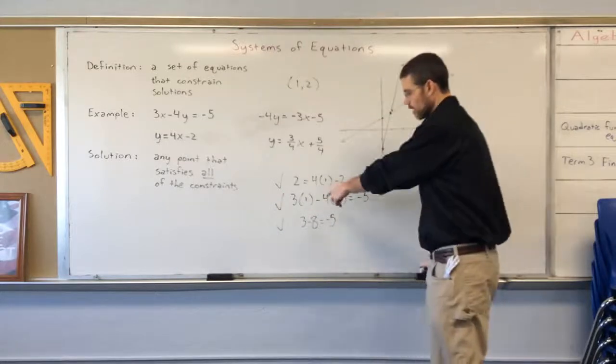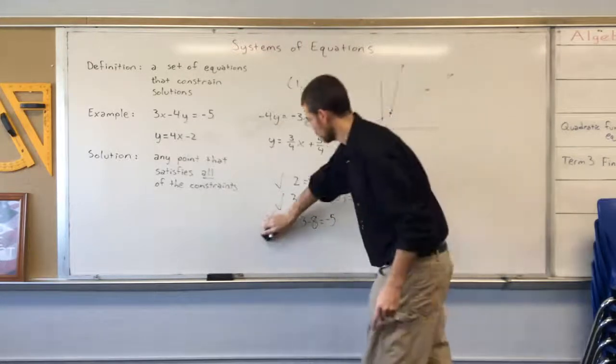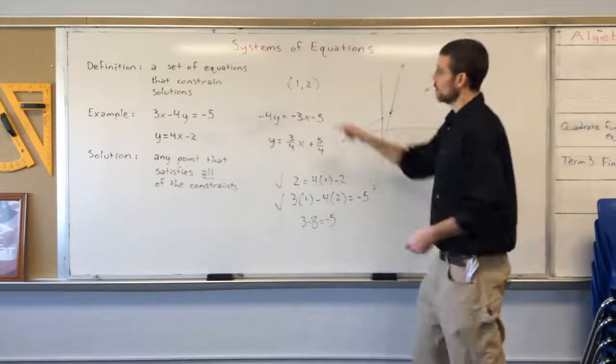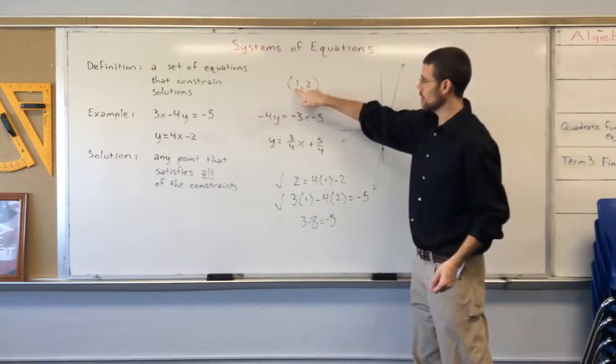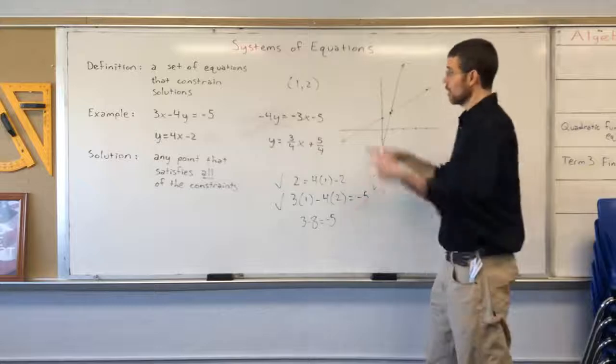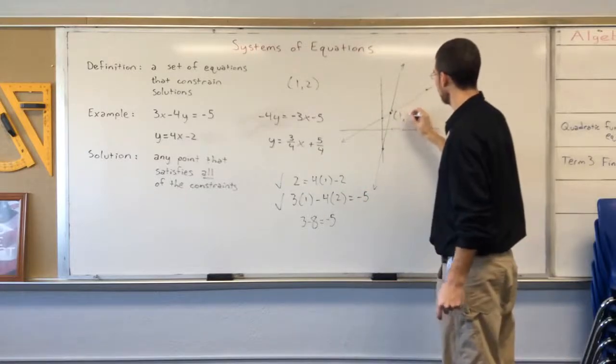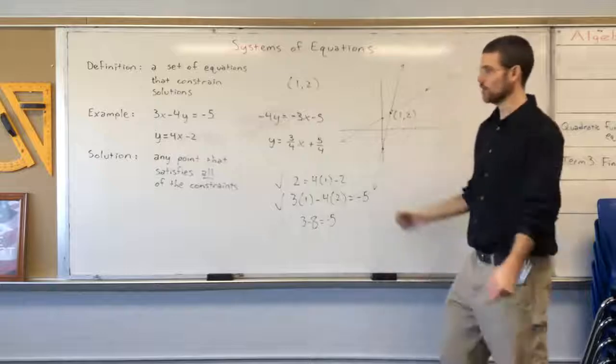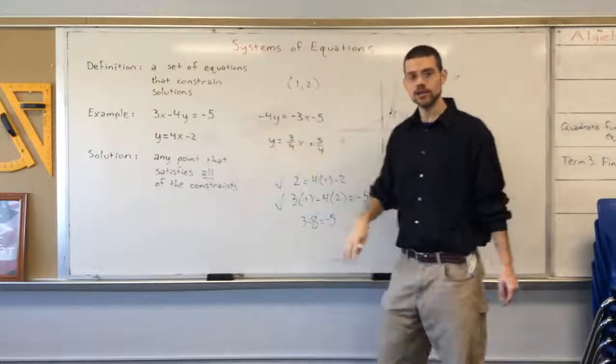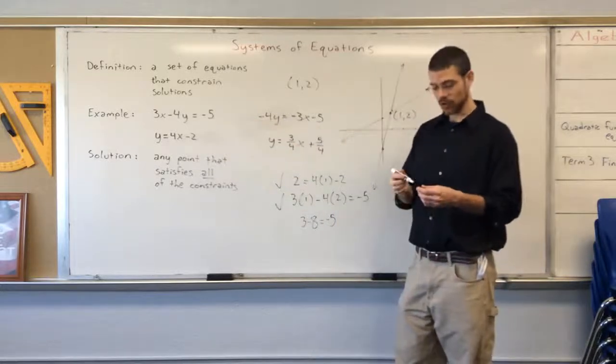So, because both of these equations are solved by the coordinates x equals 1, y equals 2, that point is indeed the solution, the only solution to this particular system of equations.